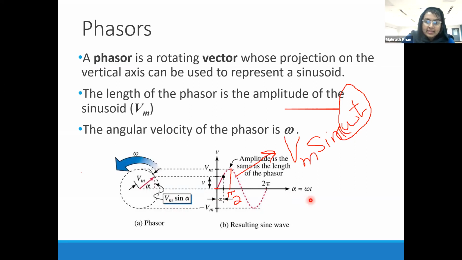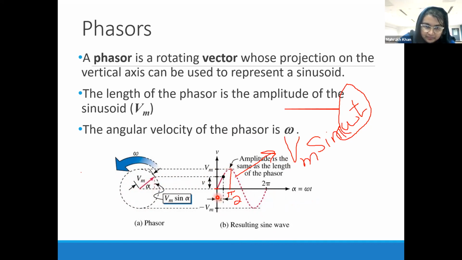Okay, but they are trying to convert it into the form of rotational frequency, which is the angular velocity of the phasor, which is omega. So they are saying that if I convert this waveform into this form, then this is the maximum magnitude Vm, and alpha is the angle.